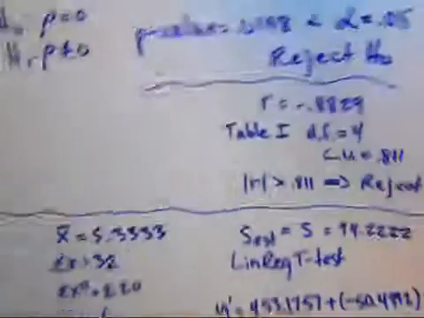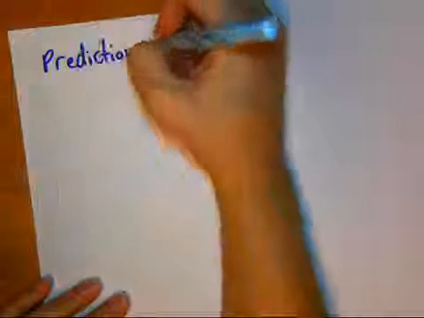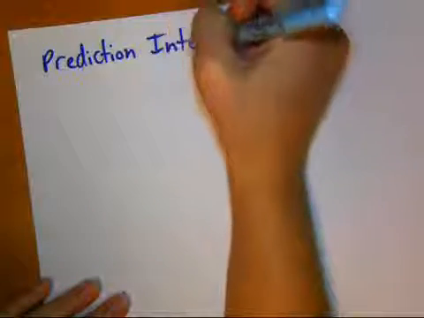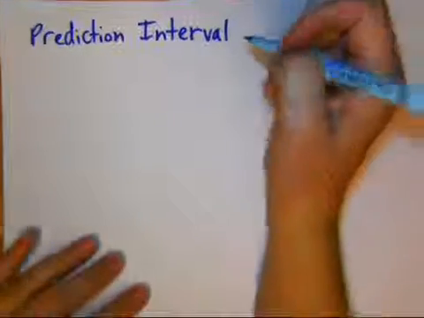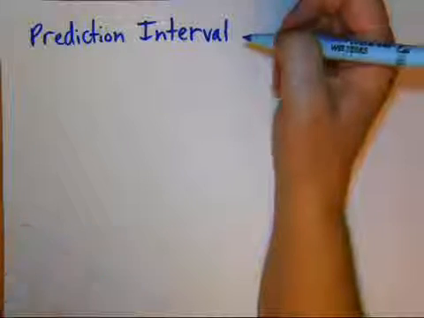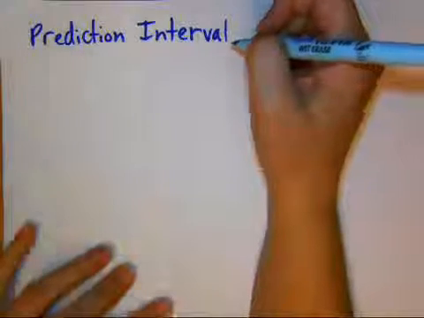Now the prediction interval formula is quite lengthy. And usually what happens is the order of operations gets messed up because there's so many places to put a parenthesis in the wrong spot.